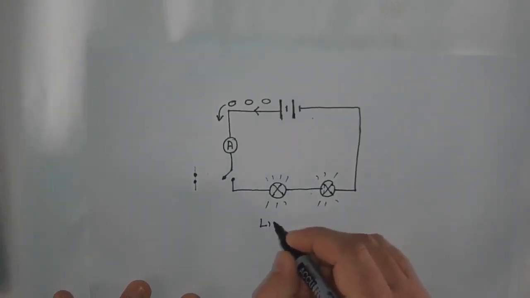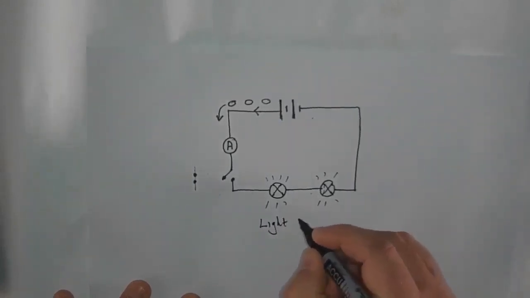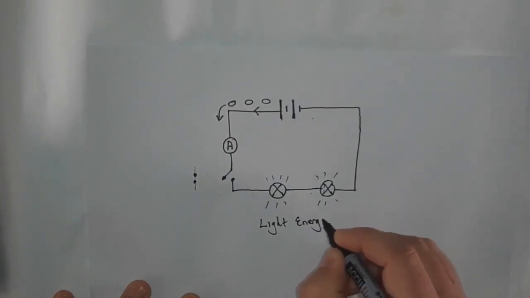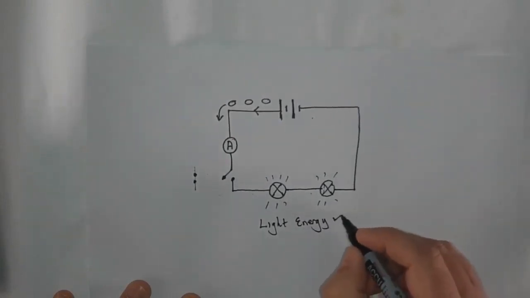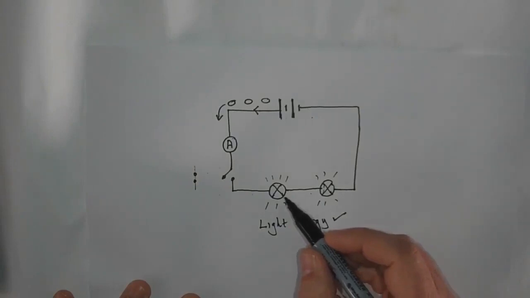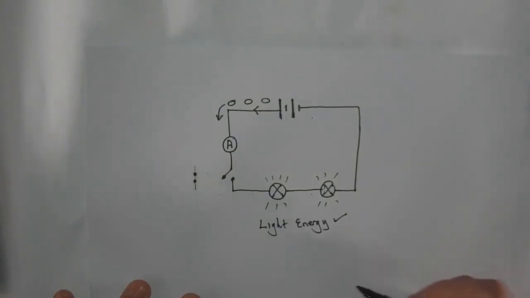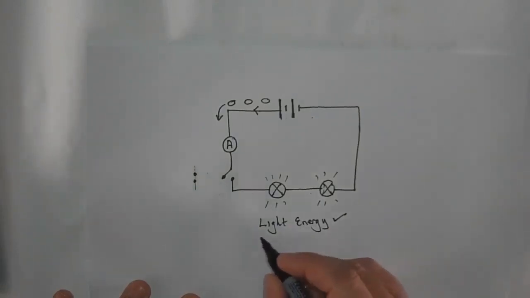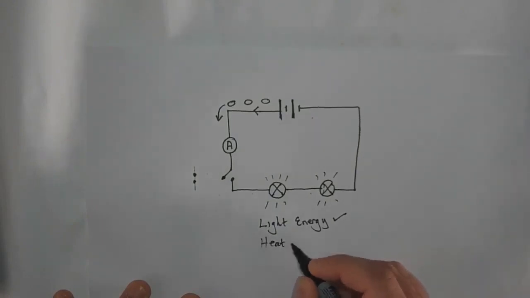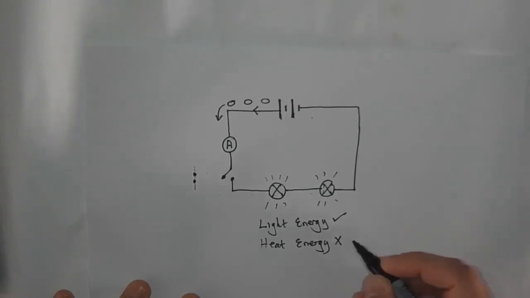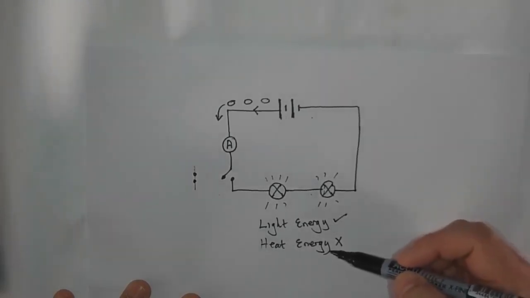I'll write here light energy, which is the useful energy. Of course, we know the bulbs also get a little bit warm, and that is heat energy. And in this instance, heat energy is not useful energy.